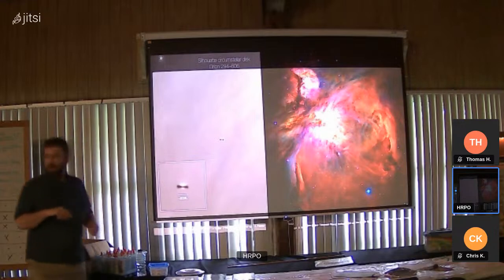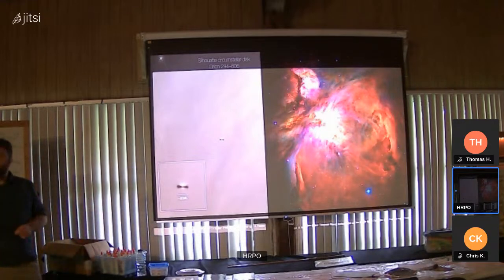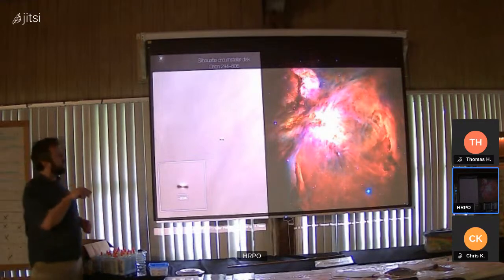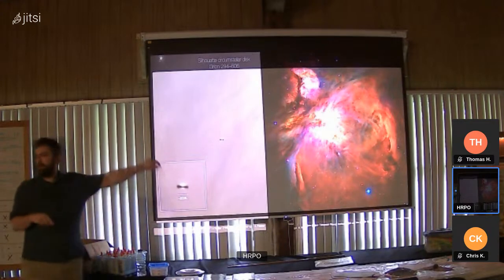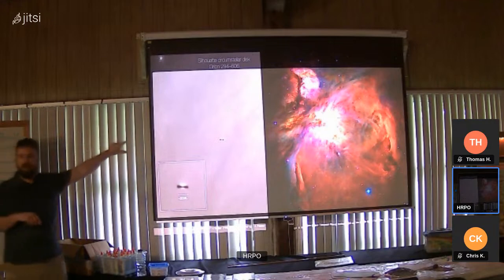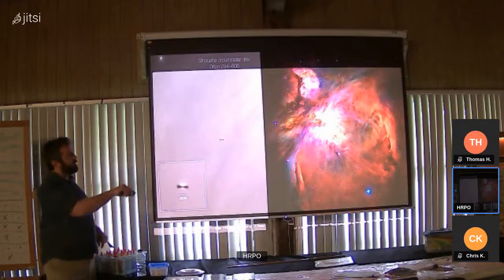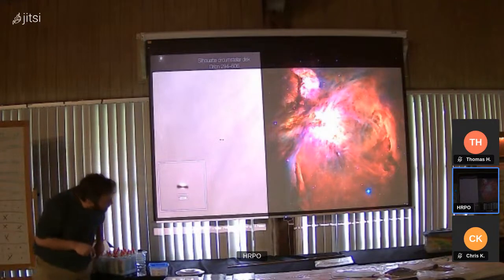But the bit that I'm interested in is if you really zoom in on the nebula. I should learn where exactly this is, but it's zooming way in. So this is probably an amateur picture. Is it?